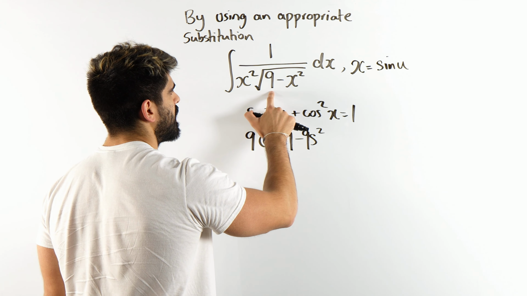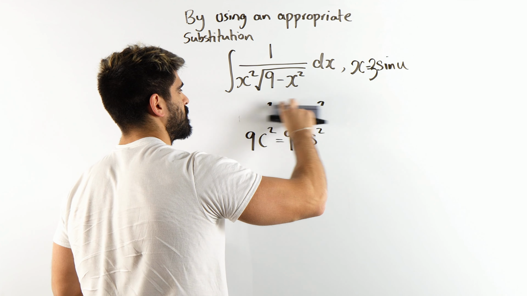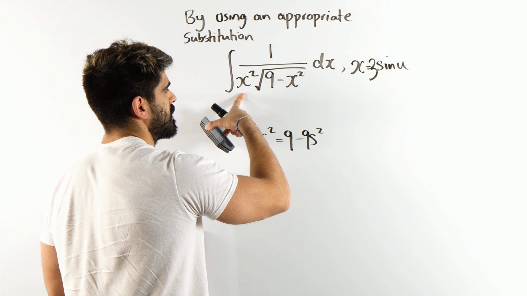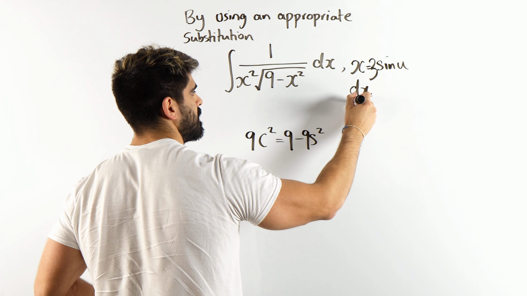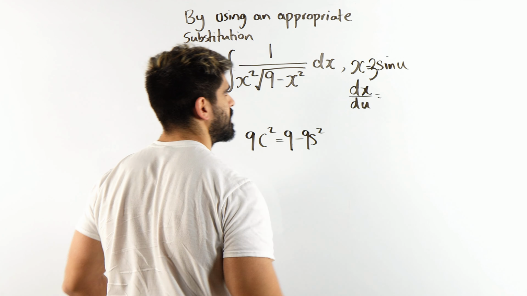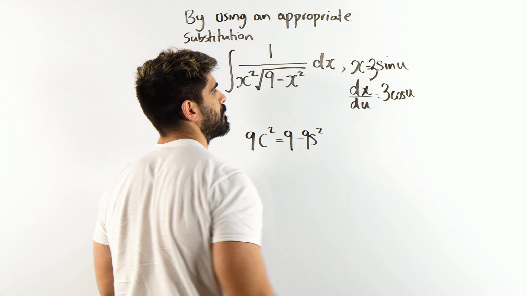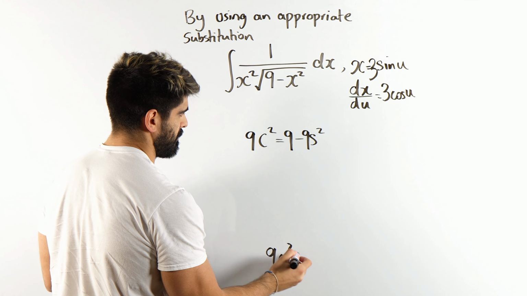So, keeping that in mind, I'm just going to erase this bit because we have to do the other substitutions as well. This, we're not going to do anything with it just yet. So we're going to change dx into du by differentiating dx by du. Sine differentiates to cos, so we'll get 3 cos u. I'm going to write that down here so you remember.